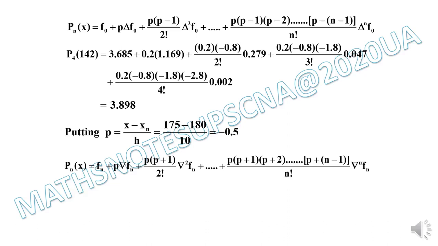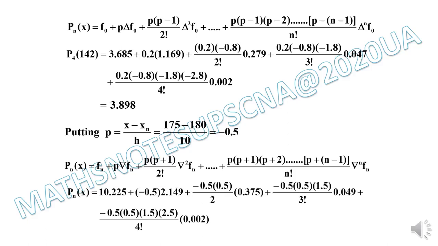F again represents pressure here, and small p, which we have got now, is minus 0.5. So now we will be using the last column diagonal of the finite difference table, so the last differences of the table. So Fn is Pn, that is 10.225.